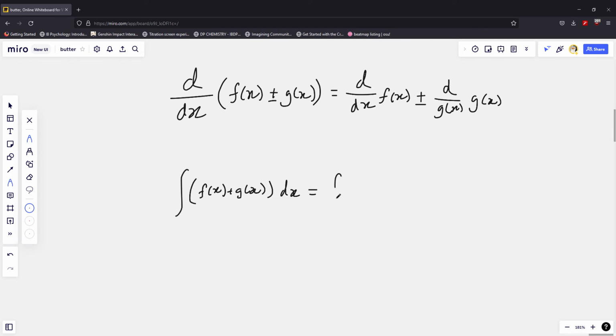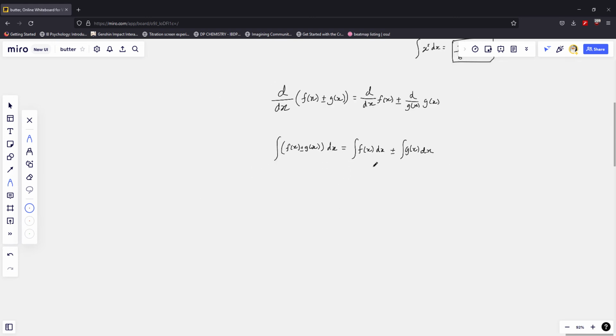You can first take the integral of f of x with respect to dx and add that to the integral of g of x dx. So that's the idea. It's pretty simple. It's the same as differentiation, where you're allowed to break it apart. And of course, again, you're allowed to do this with minus. And this can be helpful sometimes.